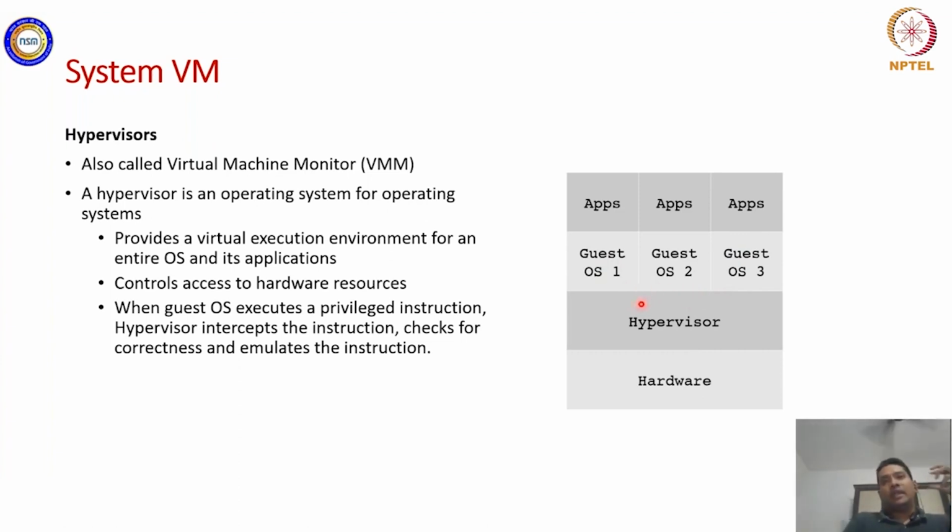Now, the key difference is that the hypervisor will try to stay invisible, completely transparent. From the operating system's point of view, the OS will try to access the hardware through several privileged instructions that we have seen before, like trying to access a file or the network and so on.